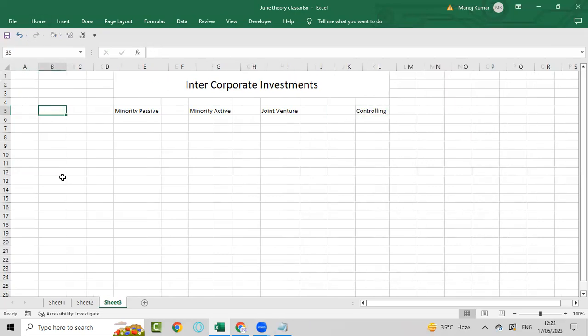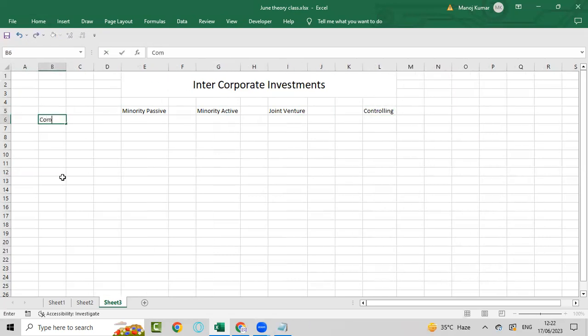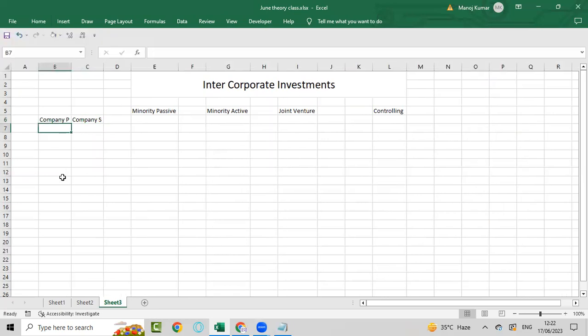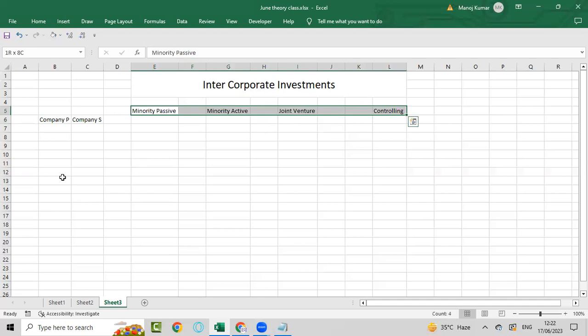Now let's suppose there is a company P, company S. Company P has invested in company S. Based on not just percentage, but other factors also, it will be decided what kind of investment it is.